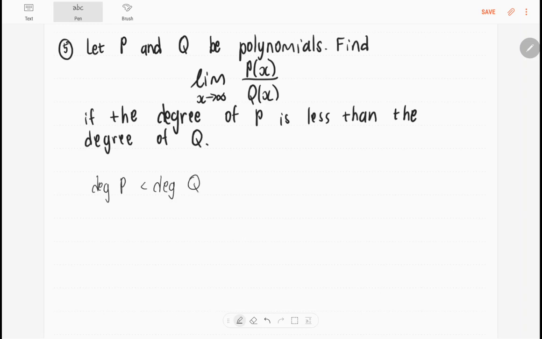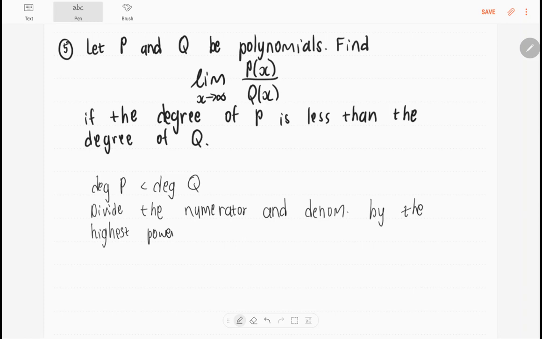Now, what we're going to do is divide the numerator and denominator by the highest power of x in Q of x, which is our denominator.